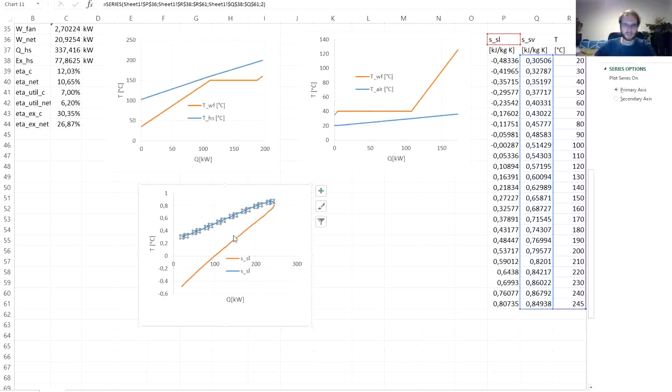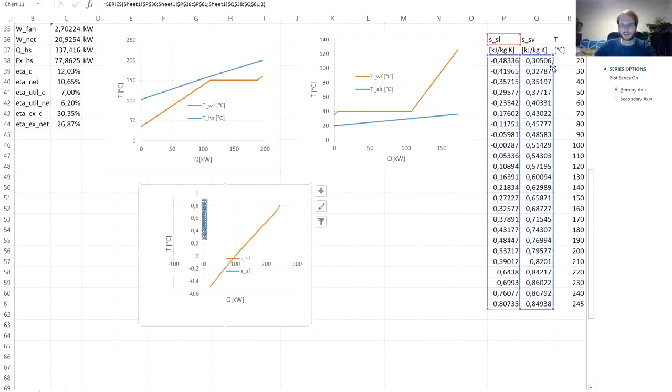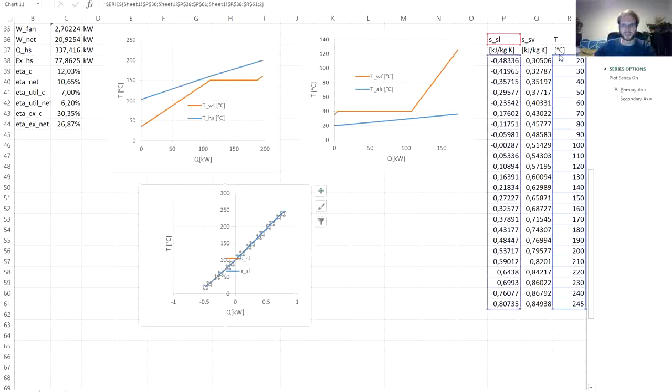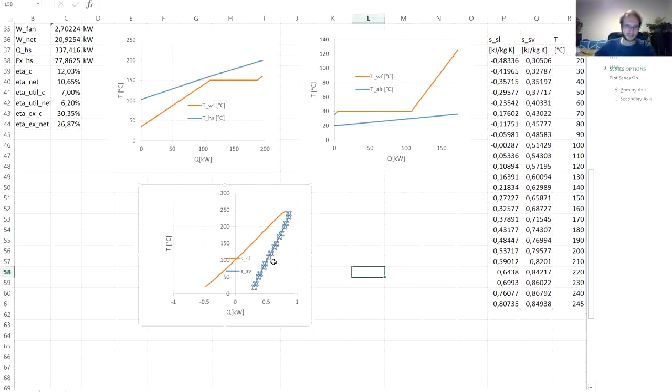Well, yeah, you can see that I switched the axes, so let's just do it this way, and this one. Sorry, that's both saturated liquid, so now one for saturated vapor. Alright, still a little bit to improve the format.